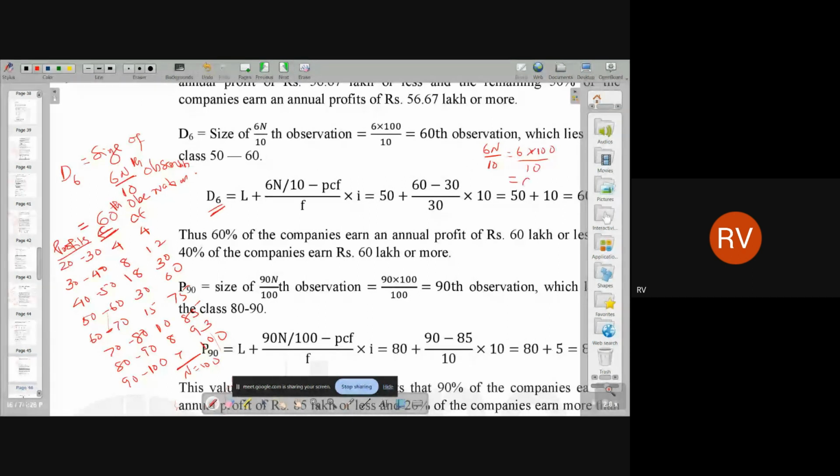That is 60, and 60 lies in this class. The lower limit of this class is 50. This 50 is the lower limit.